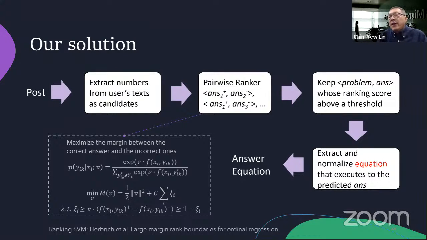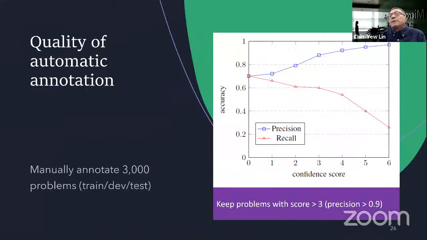For each problem post, we have the correct answer versus the wrong answers. We train a classifier using the ranking SVM algorithm, and then rank all the possible 18,000 posts we have collected. At the end, we only return the results that have a high score, as I show here.